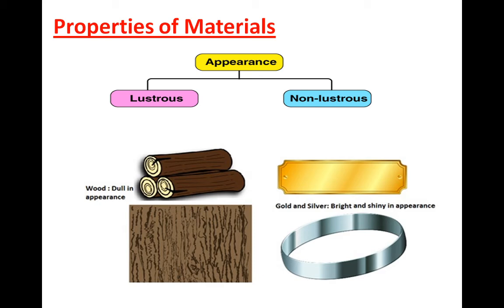Now another question is there. Have you seen a very big ship? Is that ship made up of plastic? No. Is that ship made up of wood? No, that ship is made up of metal. Two minutes before, I said that for making boats we use light material, but the ship is made up of metal.